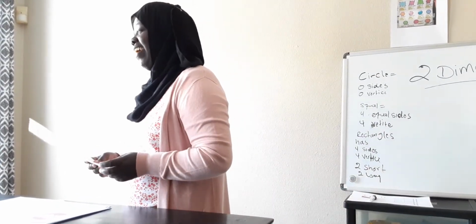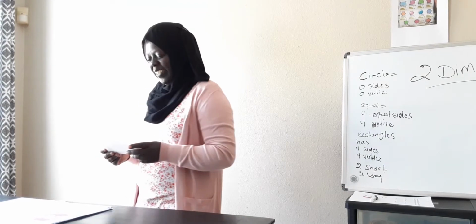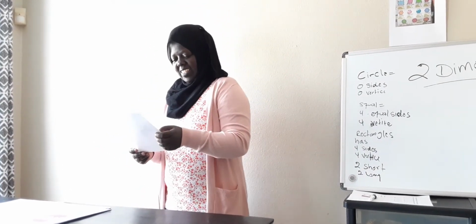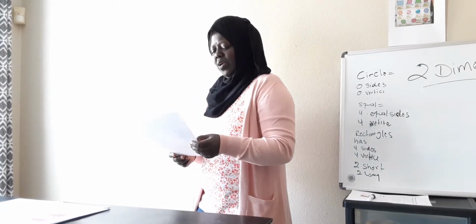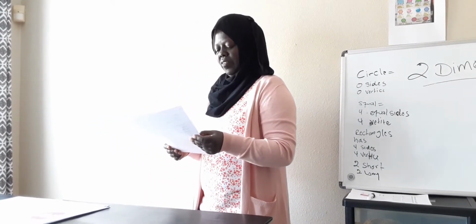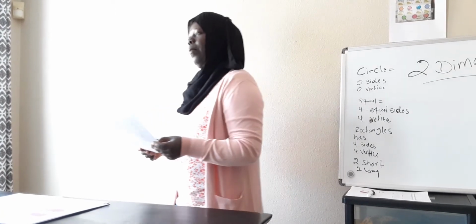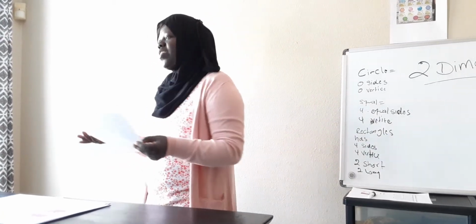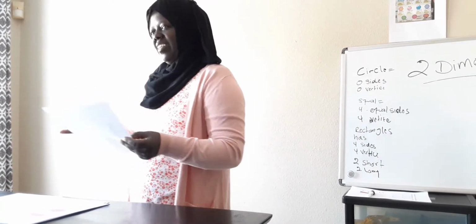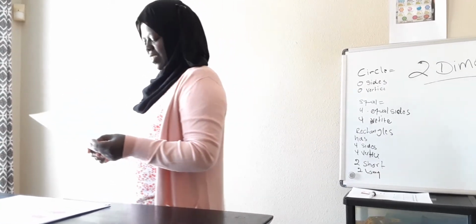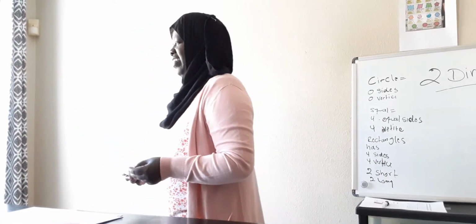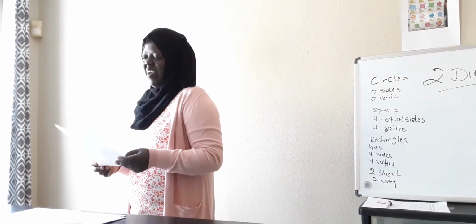A square! That's right. You're absolutely right, Javier. The third one: I am a shape that has four sides, four vertices. Who am I? You can always think of it like, it's a square, but also it's another shape. What is that? Zira? A rectangle. Yes, good job, Zira.